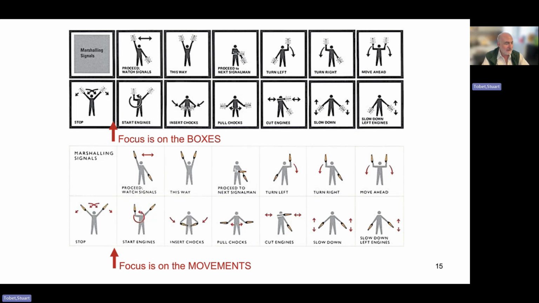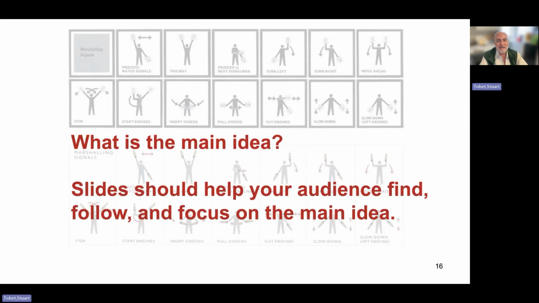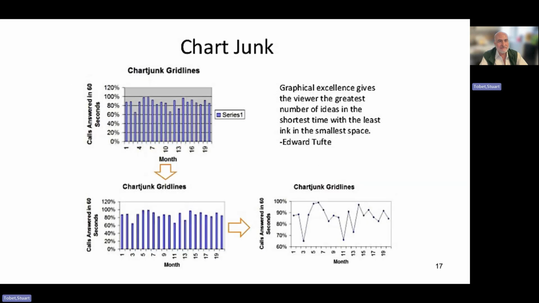People know this intuitively when they watch magicians, because that entire process of magic is mostly one of misdirection. So think about where you want to direct people's eyes. What's the main idea? And how do you help your audience look where you want them to look? You can tell them, look in the upper left, or you can make them look where you want them to by the way you create your slides.